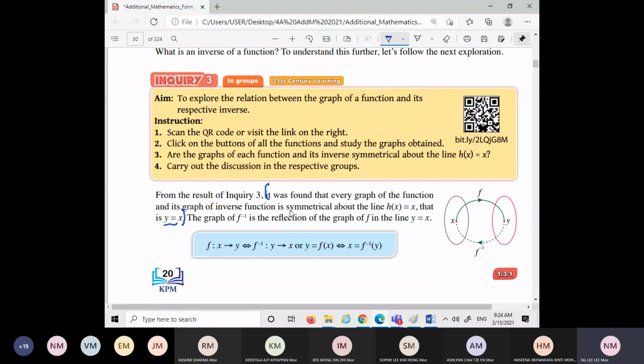You can just write symmetrical about y equals x. This line I think you know, y equals x. The function and the inverse function are symmetrical about y equals x.